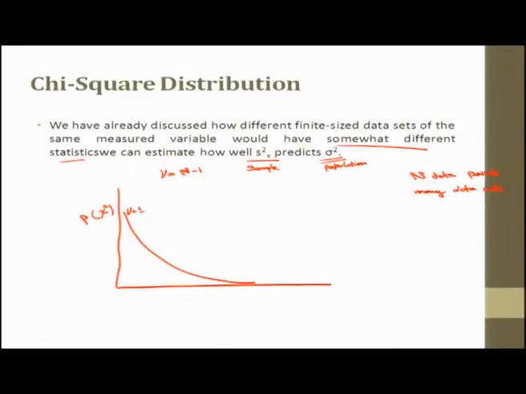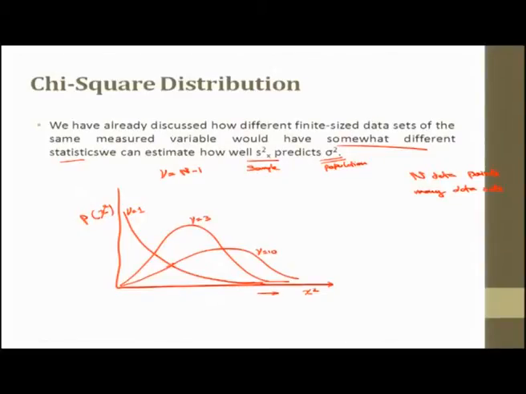When this is equal to 3, that is 4 samples, this is for v equal to 3, and for v equal to 10 it is somewhat like this. So, this is the probability for chi-square, and this is chi-square in this direction.